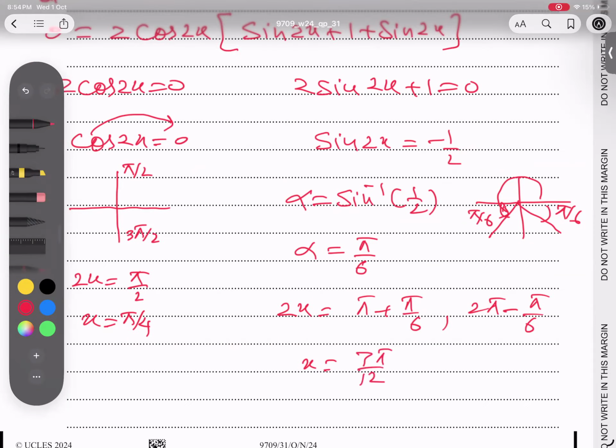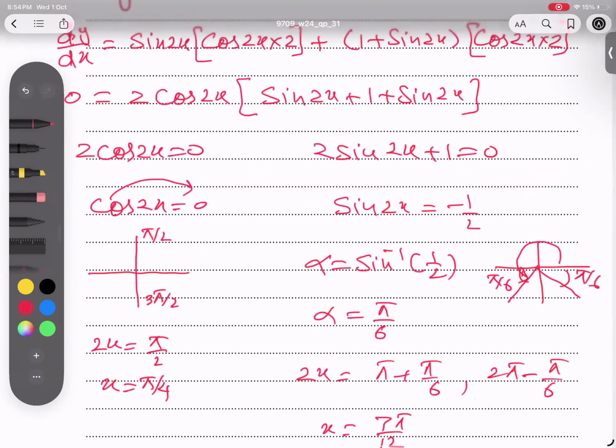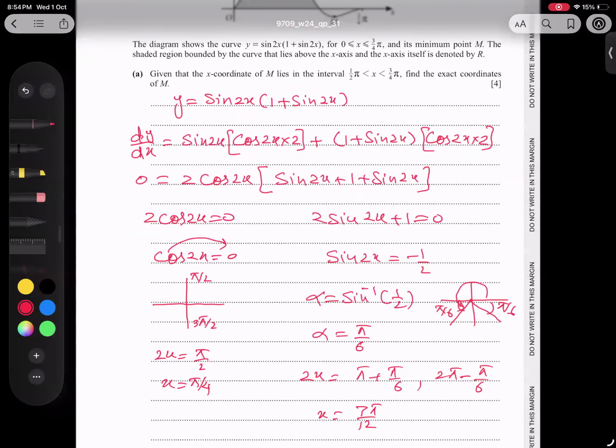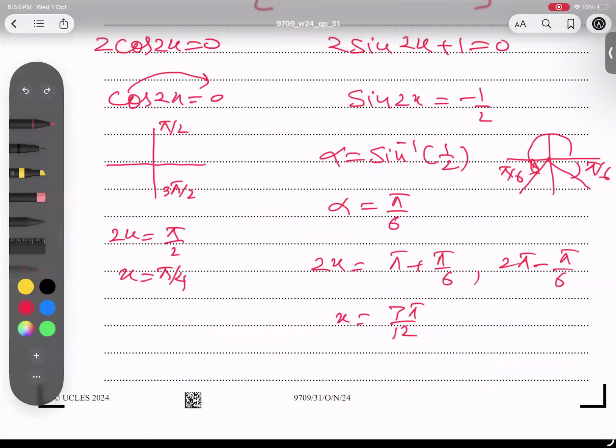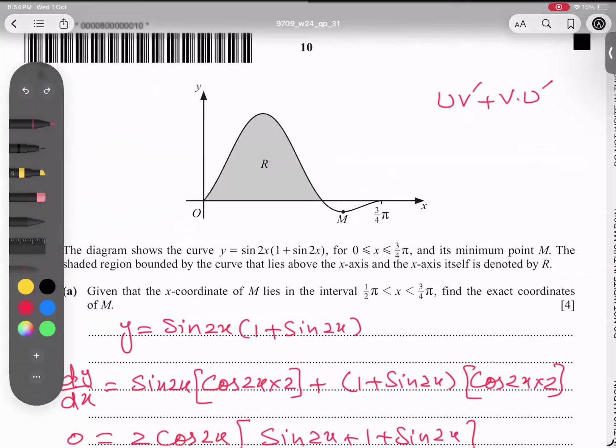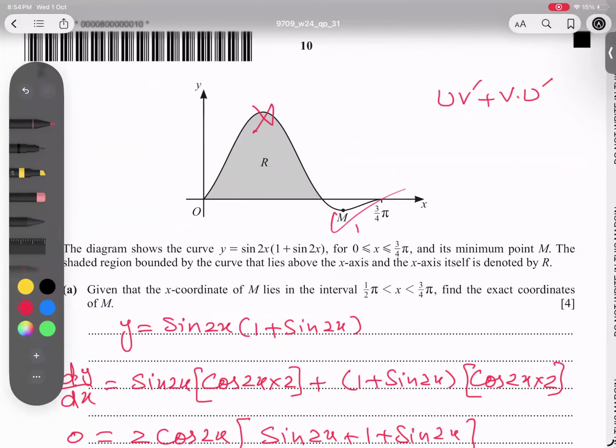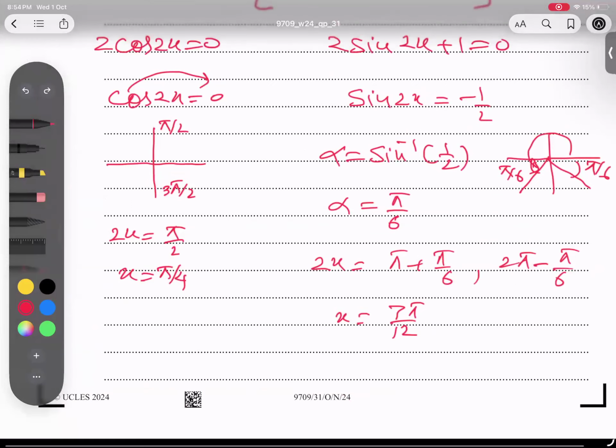Now we will check which answer we have to take, because it is very obvious. If you look carefully, there are two chances. One answer is pi by 4 and the second is this one. Some students get issues, they don't understand which is the second answer, because we leave the first and take the second. What is the method to check it? Convert into decimals.